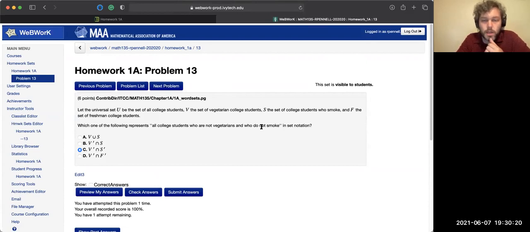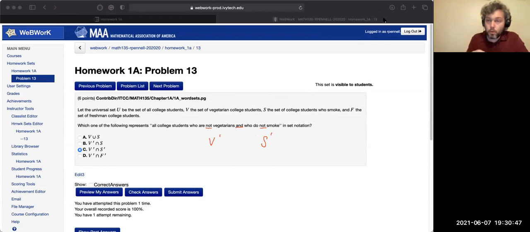Okay. So this not here, let me get my pen tool. Not, that's talking about complement. So V complement, S complement, okay? When it says and, that is for both sets, okay? So that's what do they have in common. When it says and, that's talking about what do both of them have in common.